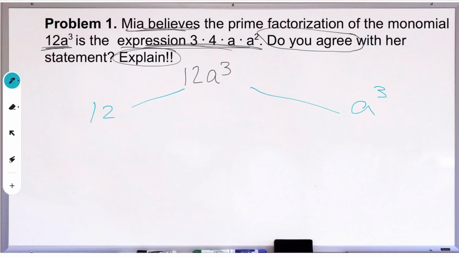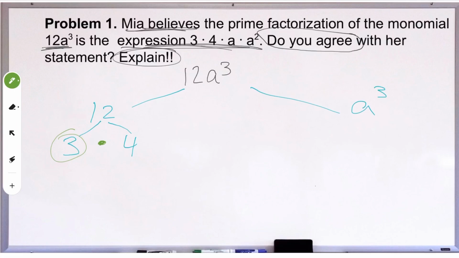So remember, prime numbers are numbers that can only be multiplied by one and itself. And factors are numbers that you can multiply together to get another number. So I know that 12 has the factors of 3 and 4. And I also know that 3 is a prime number, so I don't have to factor 3 anymore.